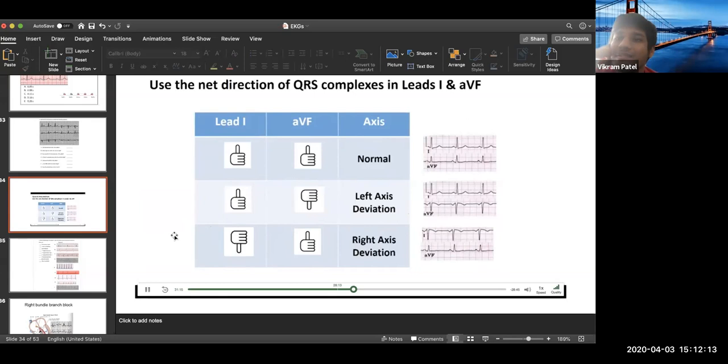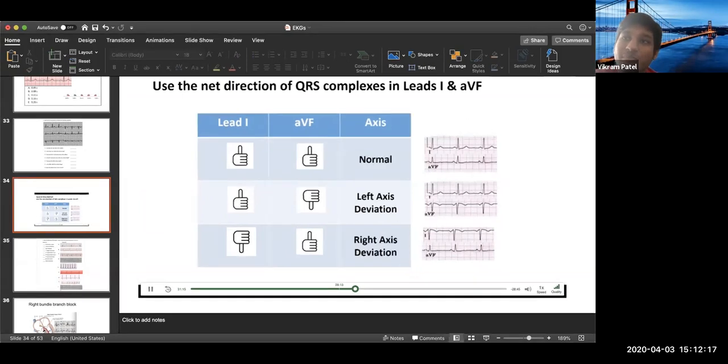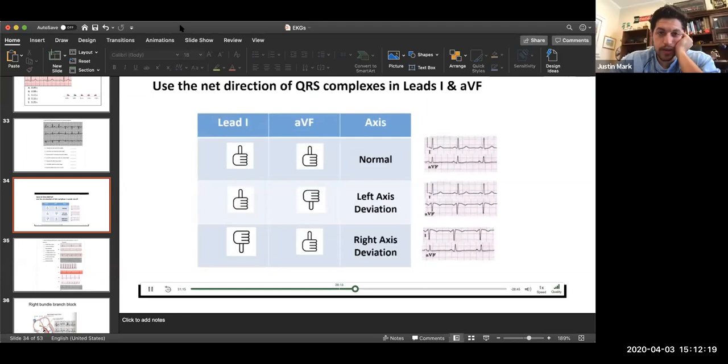What is axis deviation? A short blurb: it basically means that the totality of the vector of depolarization is shifted toward either the left axis or the right axis of the heart. The best way I can put this is, take somebody who has a really big left ventricle. That left ventricle is going to require a lot of electrical activity to stimulate, so you may see a left axis deviation.